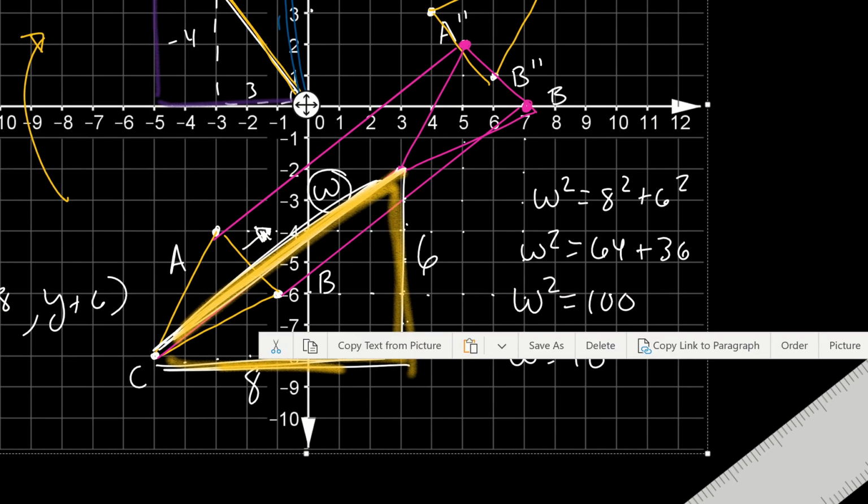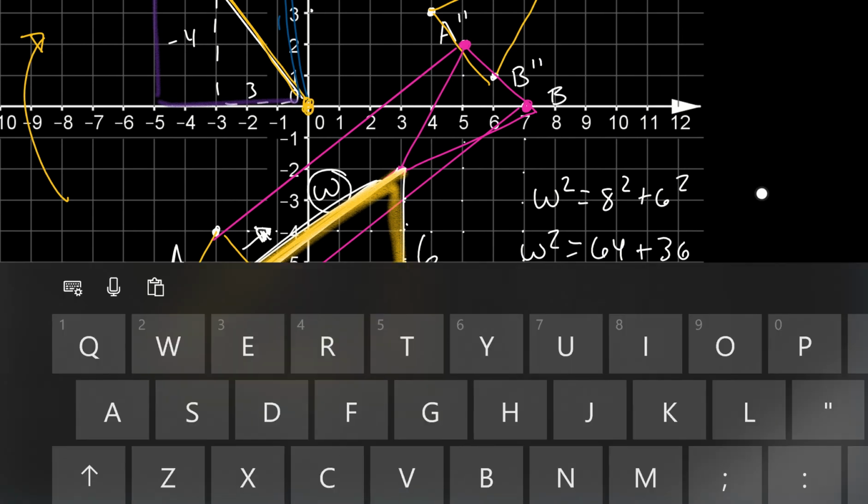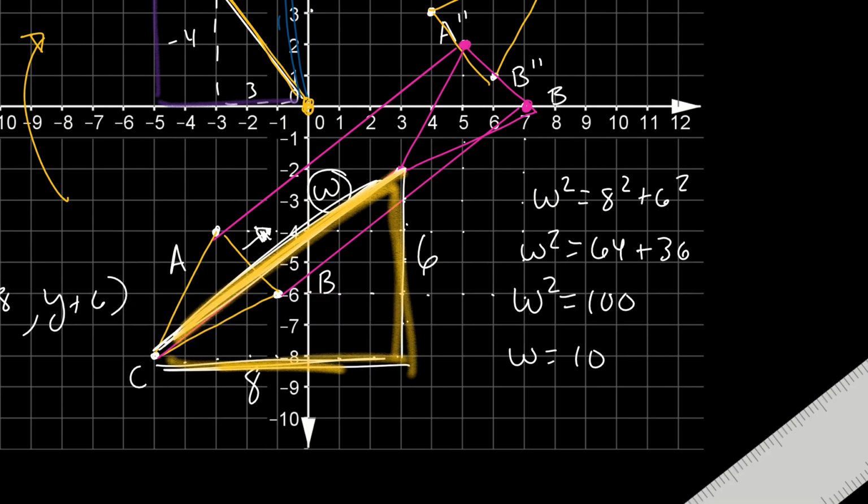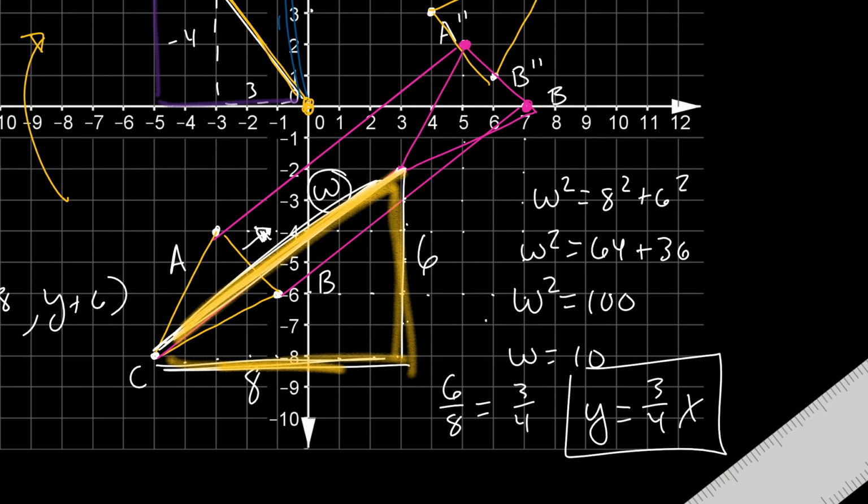Okay, so what is a line parallel to the line of translation? Well, a line would be any line with the slope of up 6 over 8, right? 6 over 8, which is 3/4. So any line that has that slope, so y equals 3/4 x. So you can say that I am traveling 10 units parallel to that line. So every single point gets pushed along 10 units along that direction.